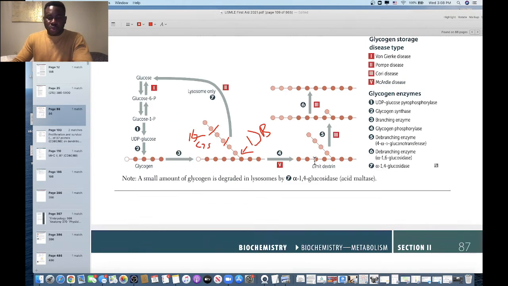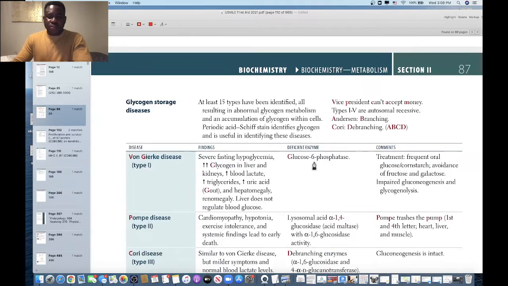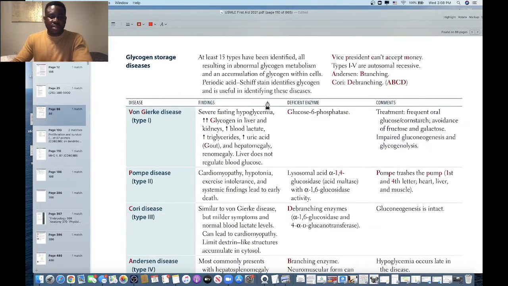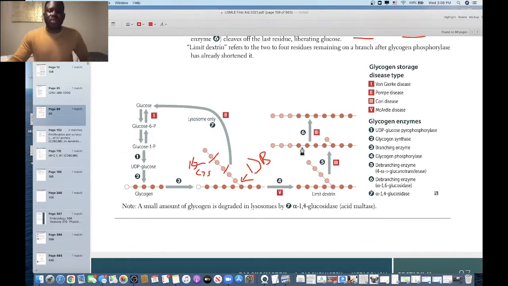Good. So now, if we understand this, we have to find a way to memorize the glycogen storage diseases. In glycogen storage disease, all they're trying to say is that there is a reason why the glycogen that we have stored in the liver, now we cannot release it for other cells to use when we need it back, right?